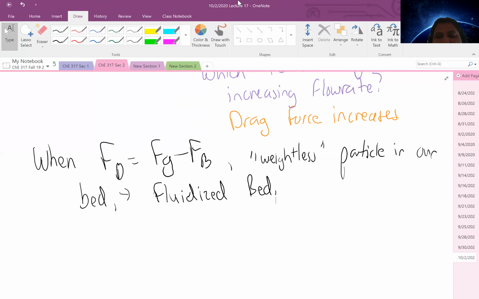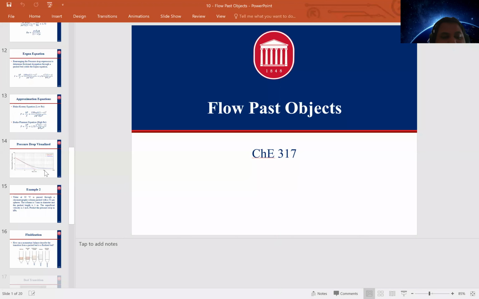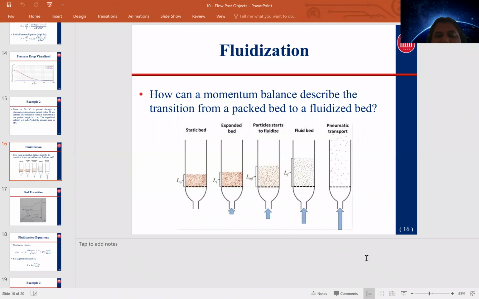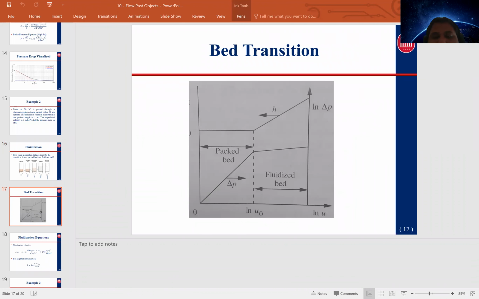And a good illustration of this is what I see here in the notes that I provided, that once you get to a fluidized bed, we start to see an increase in our bed length as a function of velocity. However, one thing that's interesting is that our pressure drop in a fluidized bed is very minimal. On this left portion is the packed bed, and in this right section, we have a fluidized bed.